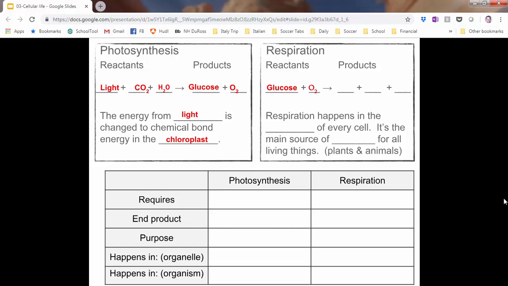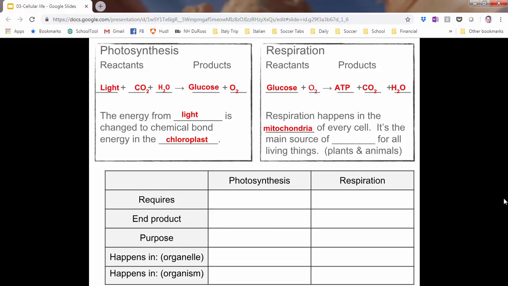Also, what else? Carbon dioxide. And water. Water. So respiration happens in the mitochondria.